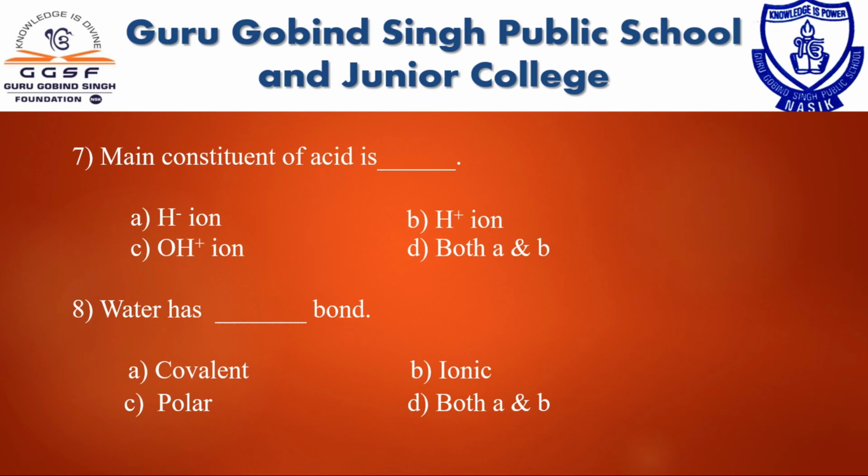Here is the next question. The main constituent of acid is H minus ion, H plus ion, OH plus ion, or both A and B. The answer is H plus ion. Next question. Water has dash bond. The correct answer is covalent bond.